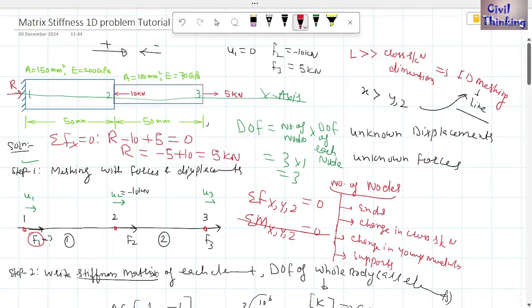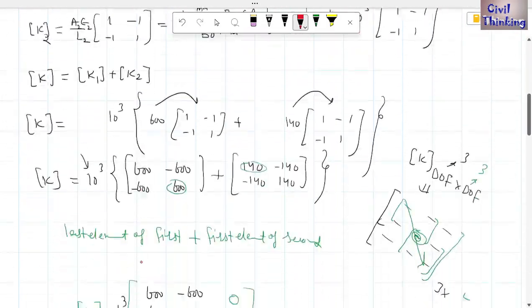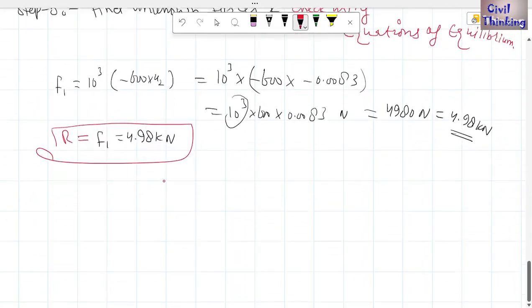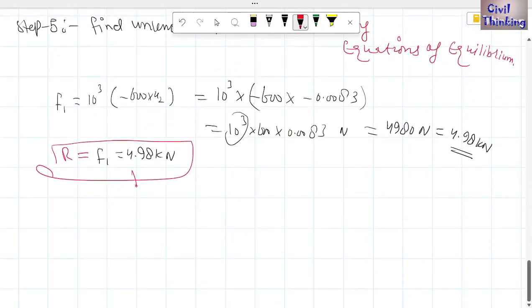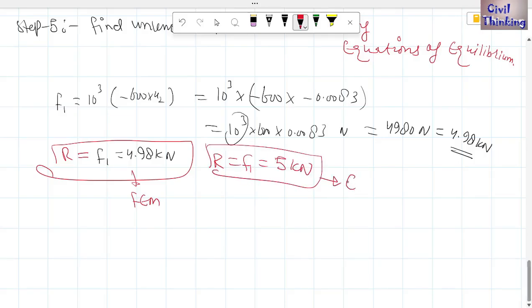So from the equations of equilibrium, we got F1 is 5. So from the finite element method we got R equal to F1 equal to 4.98, and from equations of equilibrium, R equal to 5 kilonewton.